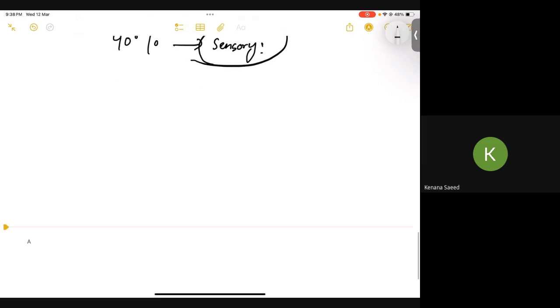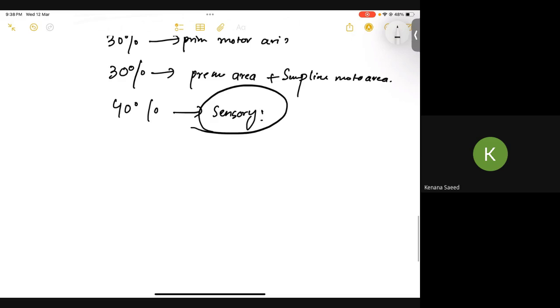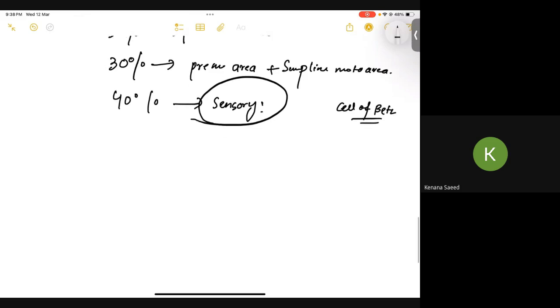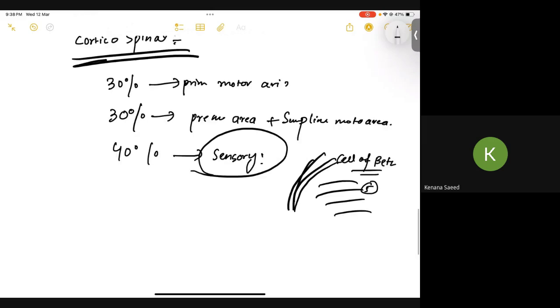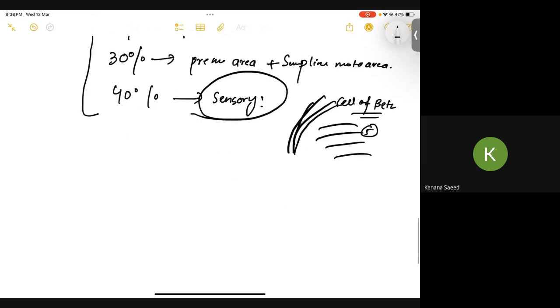You also have big cells, which are known as cells of Betz. The cortex basically has 6 layers, right? Within the 5th layer, you have big cells, which are known as cells of Betz. From those cells, we also have some fibers coming and joining all of these fibers. Is that clear?